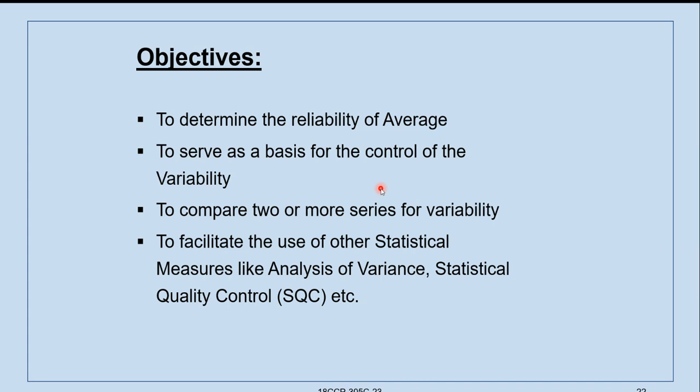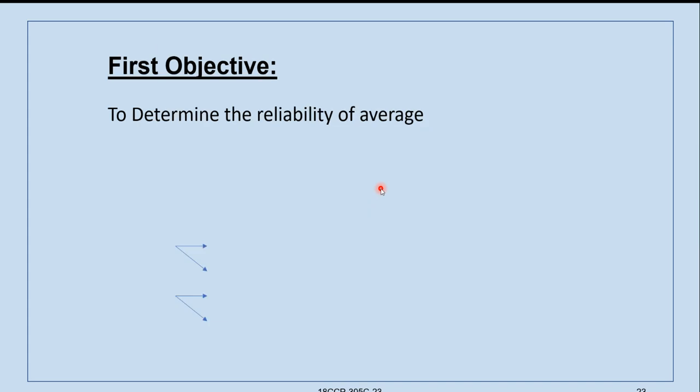In the picture we have seen absolute and relative; this is called relative, comparing two or more series. And to facilitate the use of other statistical measures, I said standard deviation is more useful for further studies. So this will help us in understanding the statistical measures of analysis more.